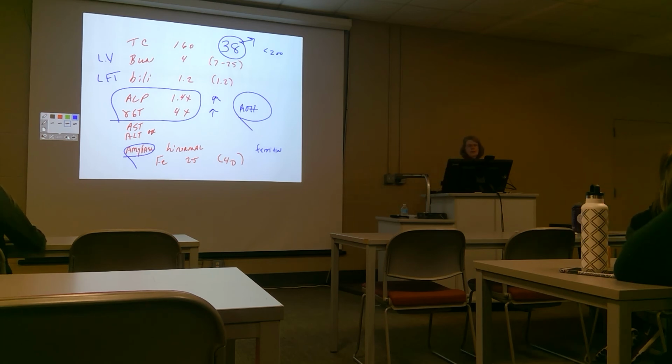And if you had cholestasis, what would you think would happen to your total cholesterol? Increase. Go up. If you have liver disease, it's going to make this go down because it's not being synthesized. You could look at that and say, well, maybe that's decreased because of malignancy. I would have thought he would be more anemic at that point, but it probably has more to do with diet.